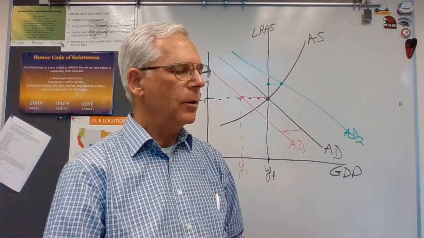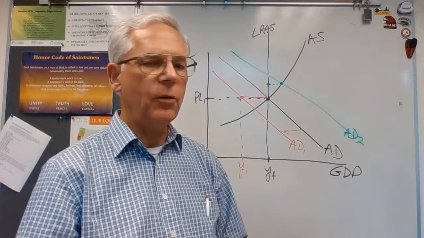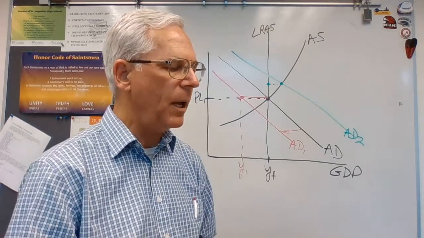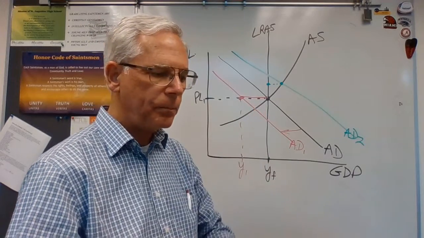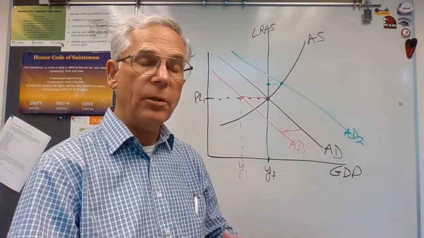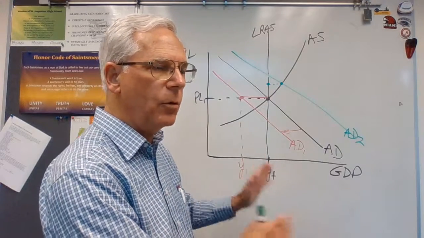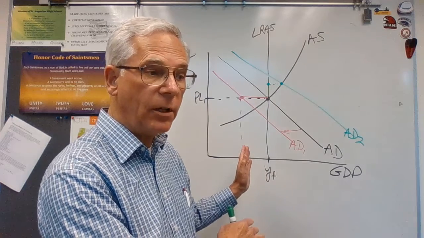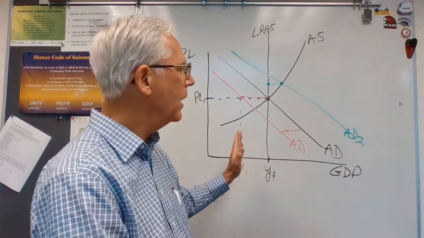So the built-in stability is based on these non-discretionary things, laws that Congress has already passed, and that would be when we go into recession, the government automatically gets lower tax revenues. Tax rates actually drop a little bit because fewer people are in those higher tax brackets. They're moving into lower tax brackets with the loss of income.